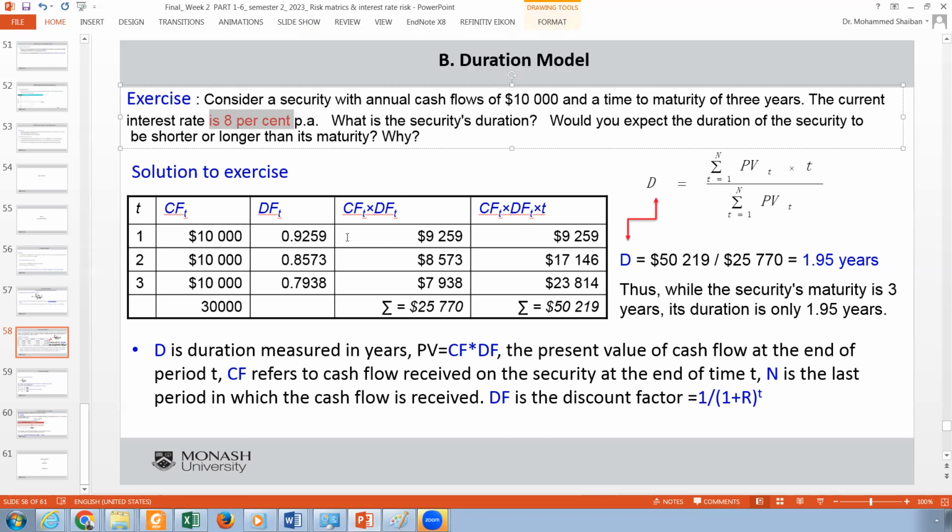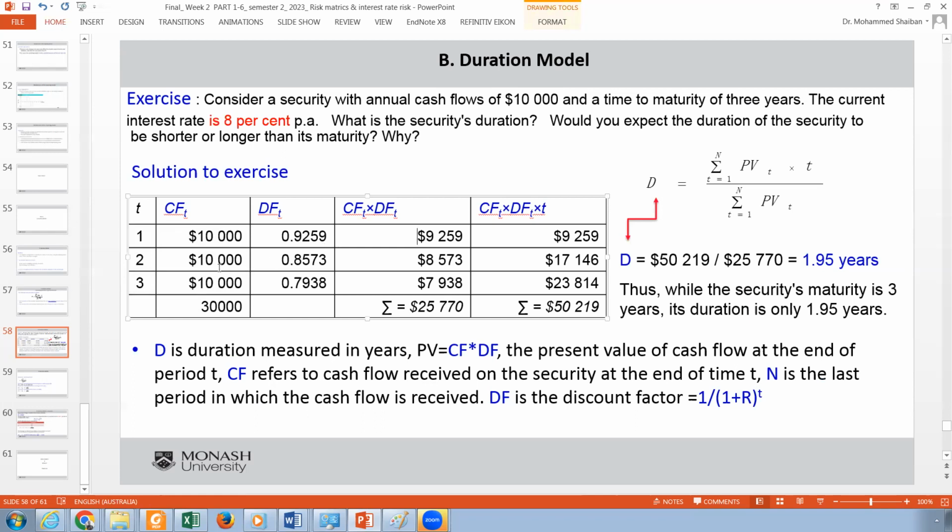You discount it at 8% for the first year. You discount this at 8% for the 2 years, and for this you use the same 8% discounting for 3 years. Now, until this area, everything looks fine.